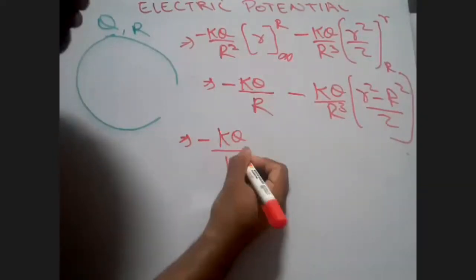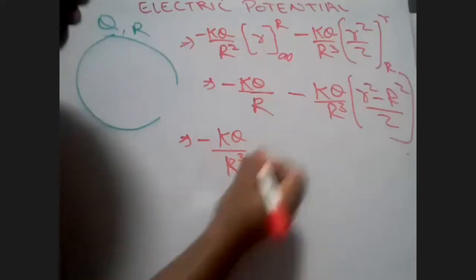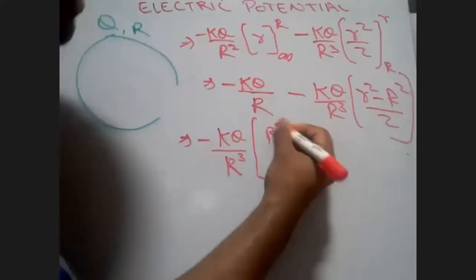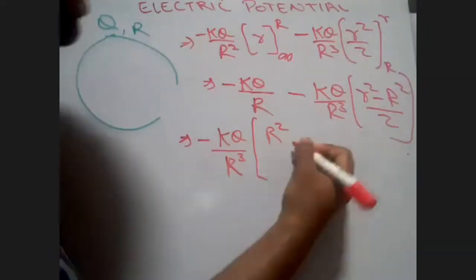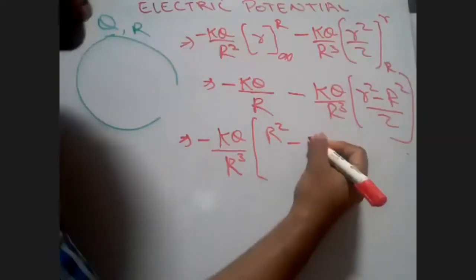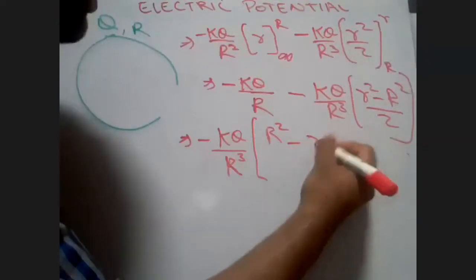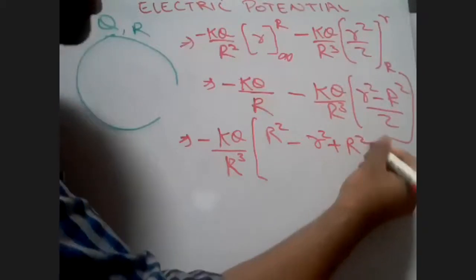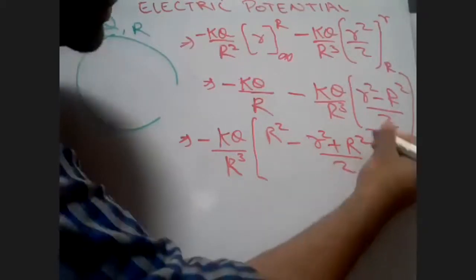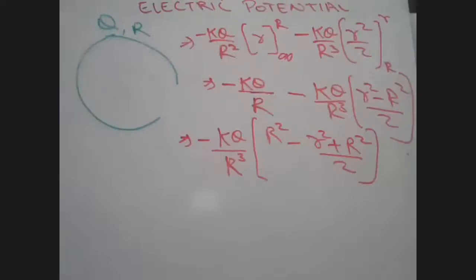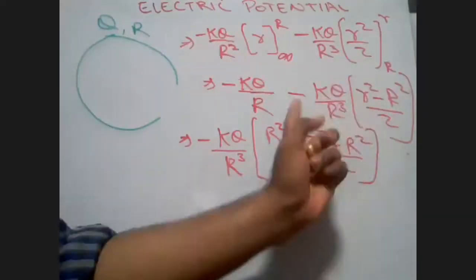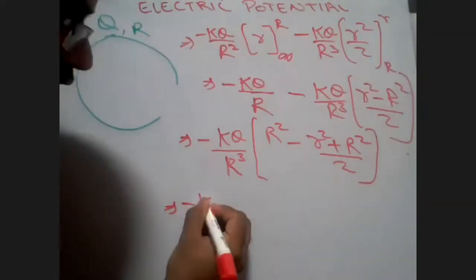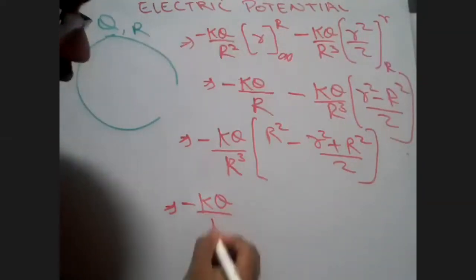If I take R cube common, what will I get here? Capital R square minus what? Small r square minus 1 by 2. Am I right? I open the bracket, so minus and minus into minus plus. So that will become minus KQ by R cube.